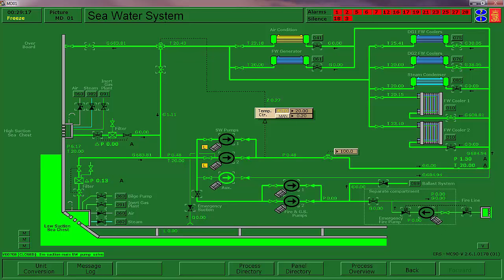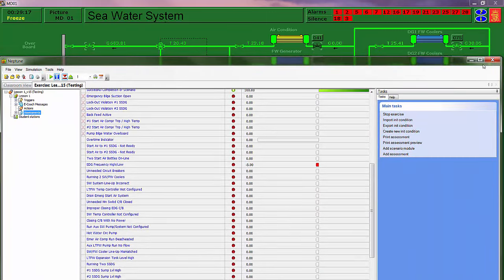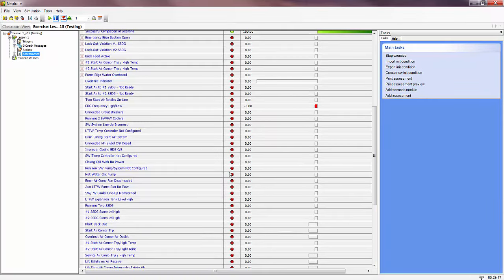Now, while that is acceptable in an emergency, it would cause a pollution incident if you did that under these types of circumstances as this lesson is set up. So you will fail the assessment if you open the emergency bilge suction.